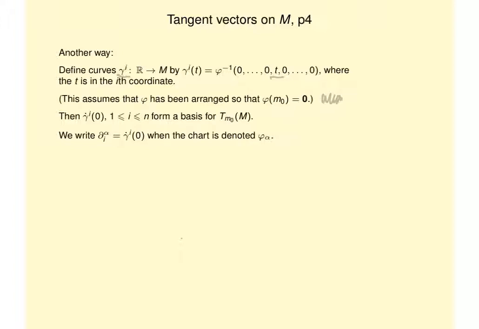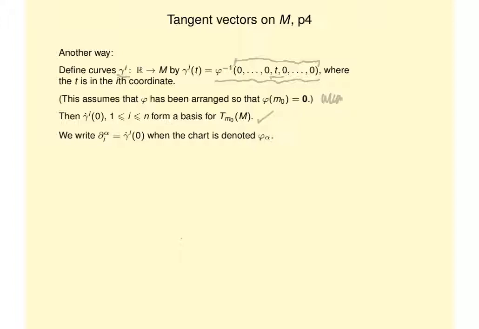Now gamma_i(t) is a curve in the manifold, and it goes through m0 at time t equals 0. And the derivatives form a basis for the tangent space, because we know that the curves in Rn, just given by this, derivatives along those lines form a basis for the tangent space to Rn.